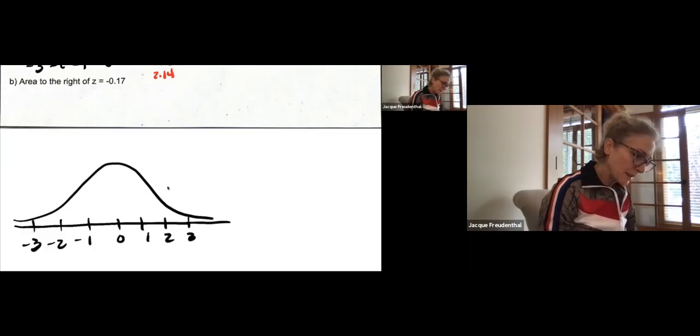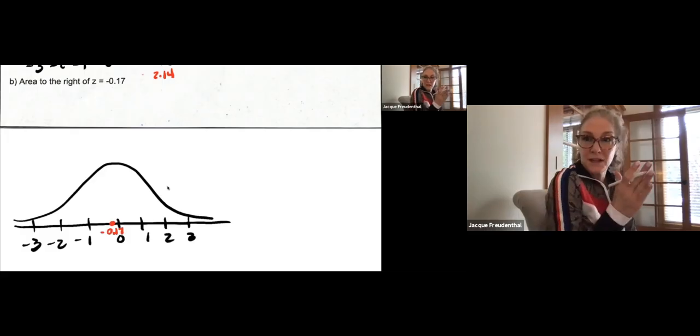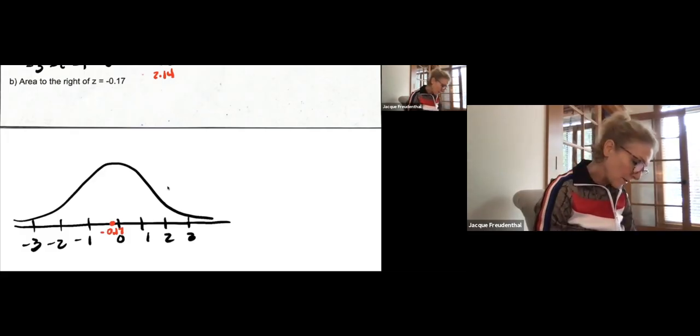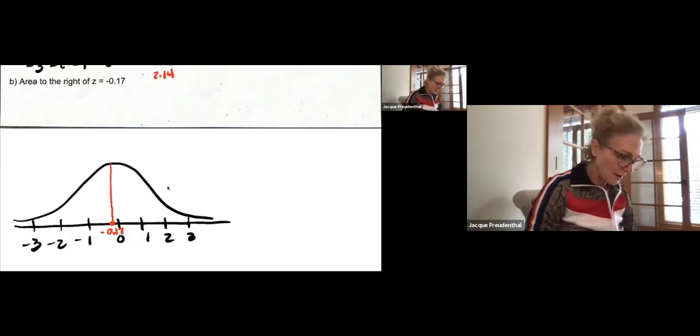Negative 0.17. Okay, so a little bit to the left of 0 because it's negative. Then I'll draw a straight line from the curve to that position on the number line, and it's asking me to shade the area to the right of that value.